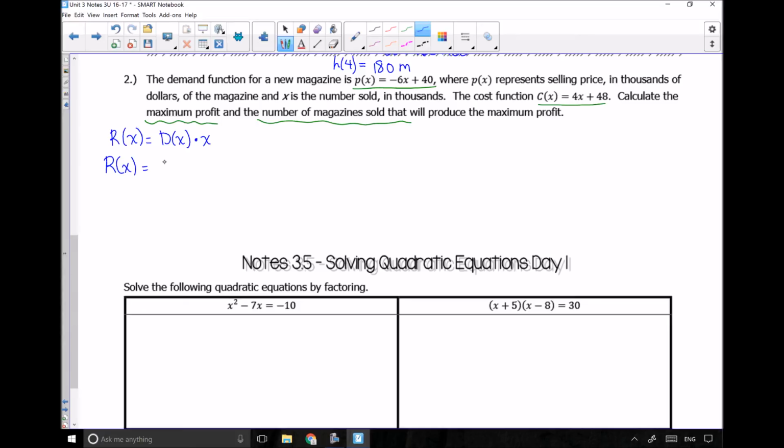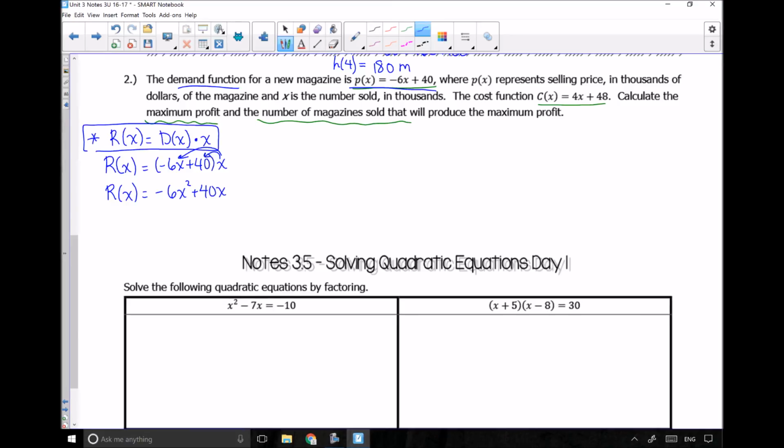To find my revenue, I'm going to take my demand function, P of x equals negative 6x plus 40, and multiply it by x. When I distribute the x through, I get that my revenue function is negative 6x squared plus 40x. This is a key piece of information that you need to know.